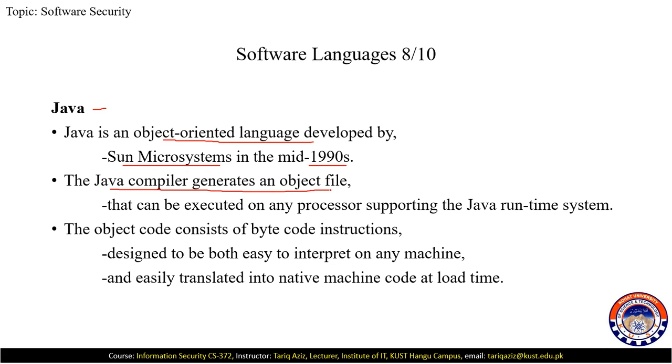We provide a source file, and the Java compiler takes this source file, compiles it, and resultantly provides the object file. This can be executed on any processor which supports the Java runtime system.